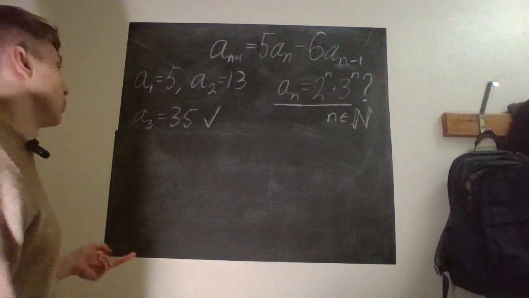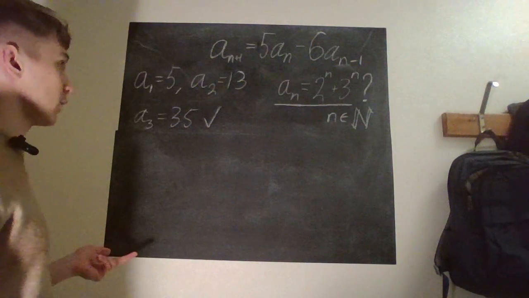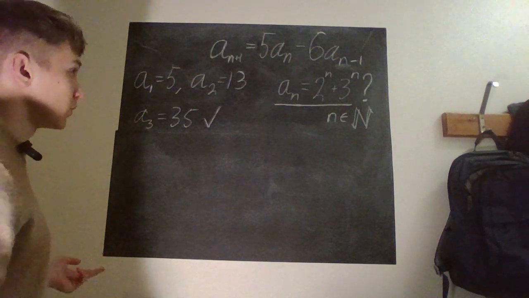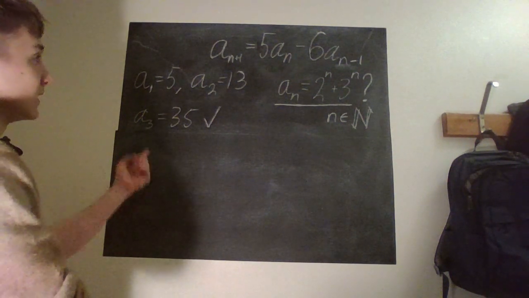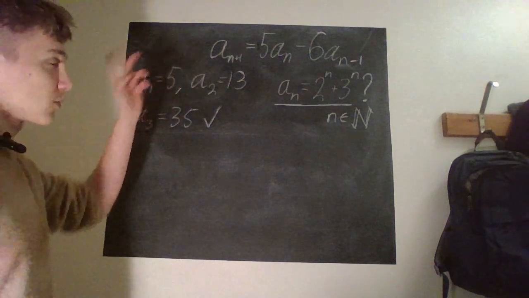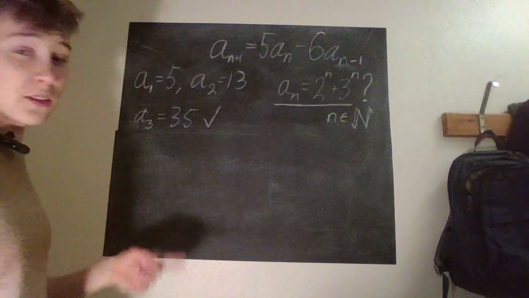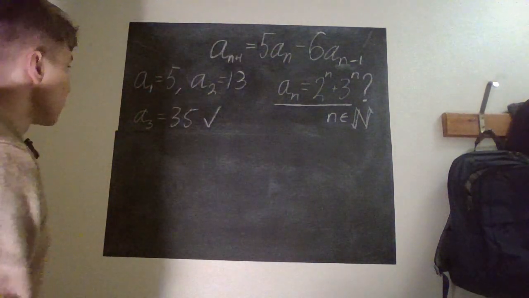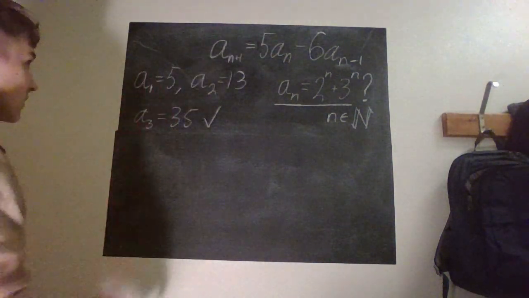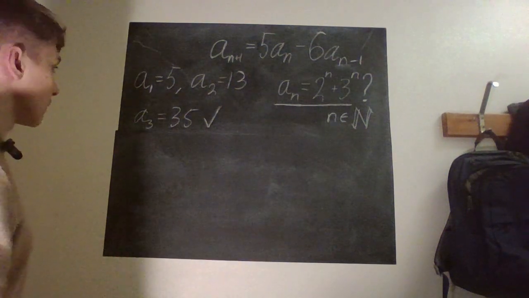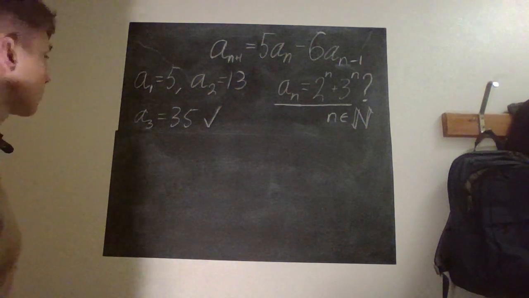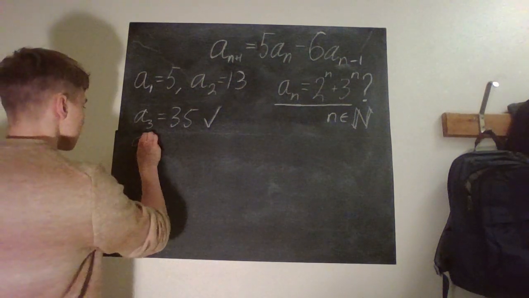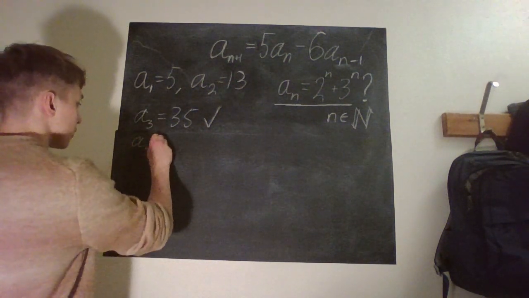Basically, we decrease n plus 1 by 1, and then our other induction hypothesis would be by 2. And yeah, maybe we need to check a_4 also. My bad.